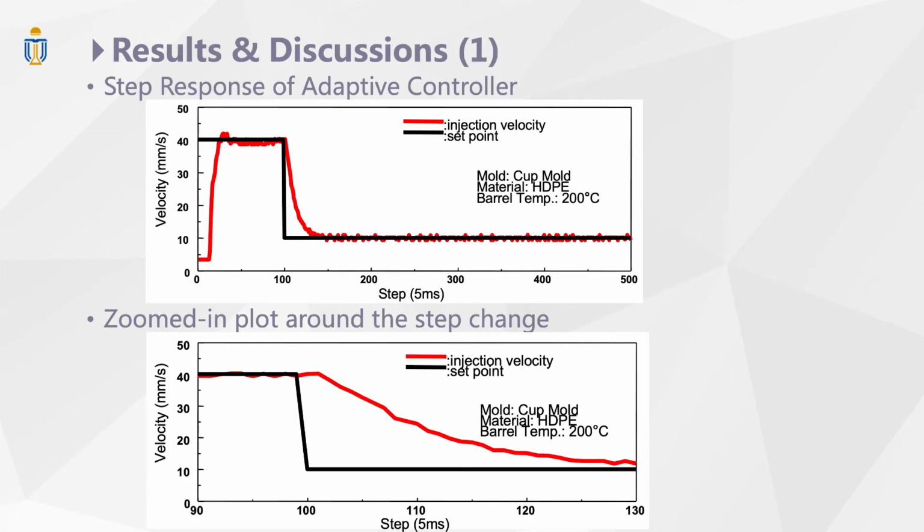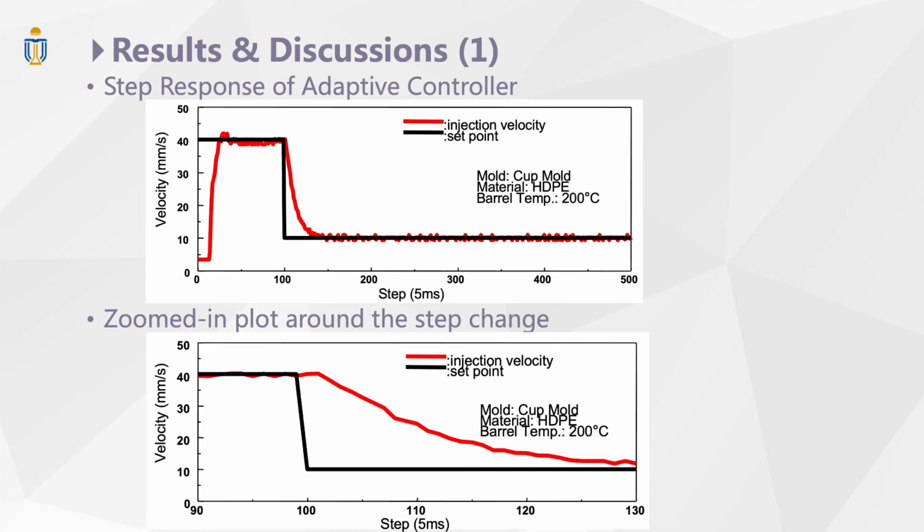Typically, the textbook suggests the forgetting factor should be 0.99, 0.95. What we use here is a forgetting factor of 0.7. With that strong forgetting factor, we are able to control the velocity well at different levels, as you can see here.